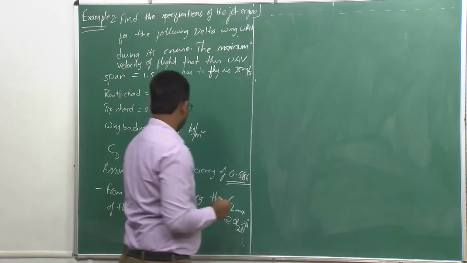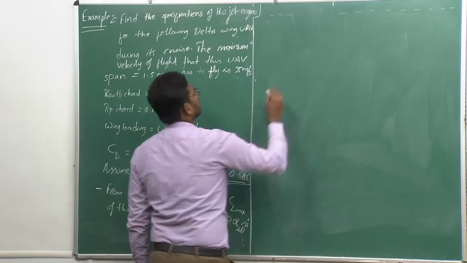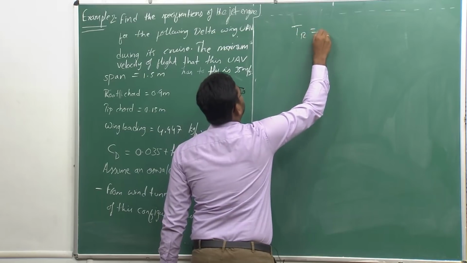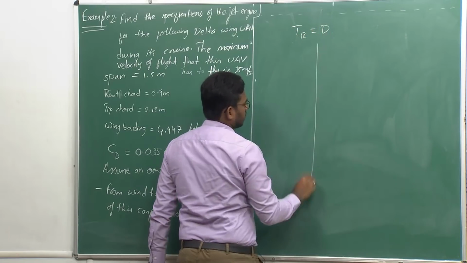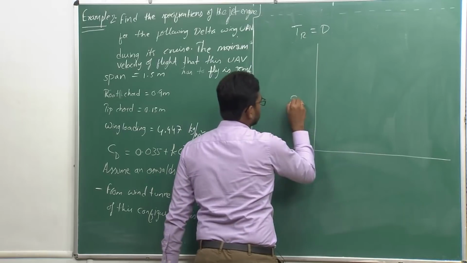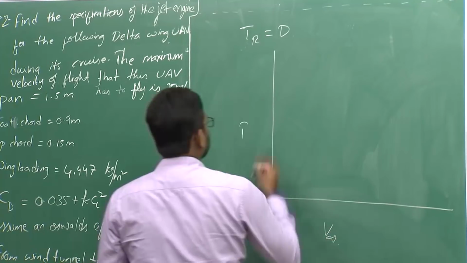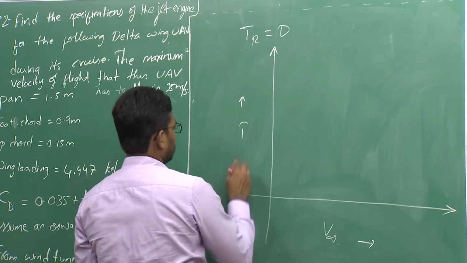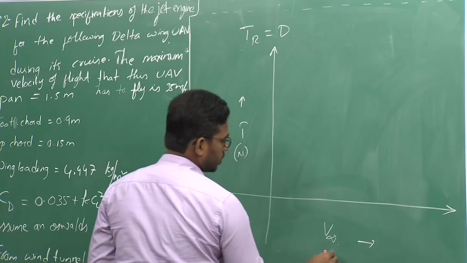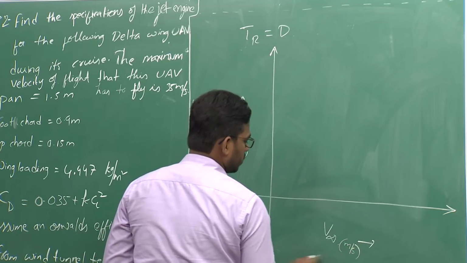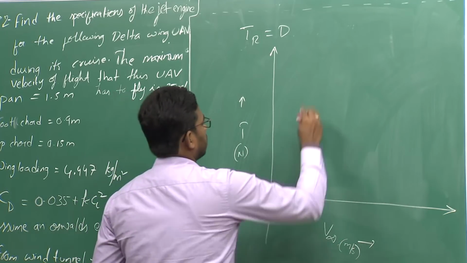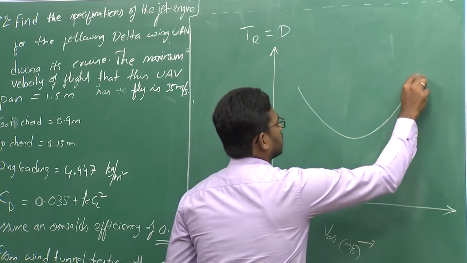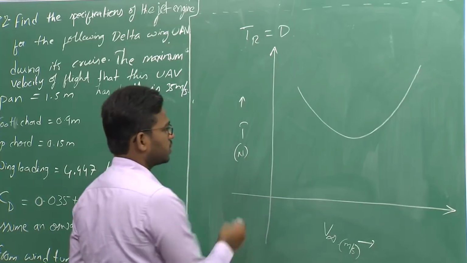Let us see how to proceed with this problem. What we have from C1 for level flight is that thrust required is equal to drag. If you look at the variation of thrust and velocity, say thrust in Newton or kilonewton and velocity in meters per second, the typical plot for thrust required versus velocity is this one, where thrust required is nothing but drag.